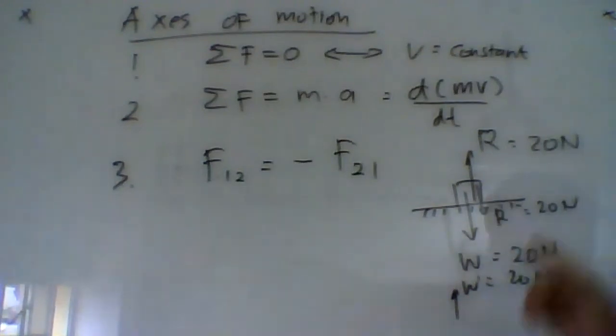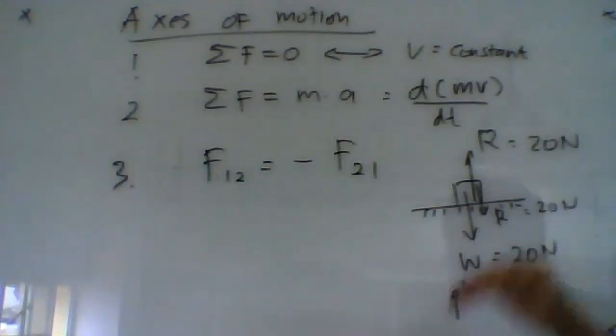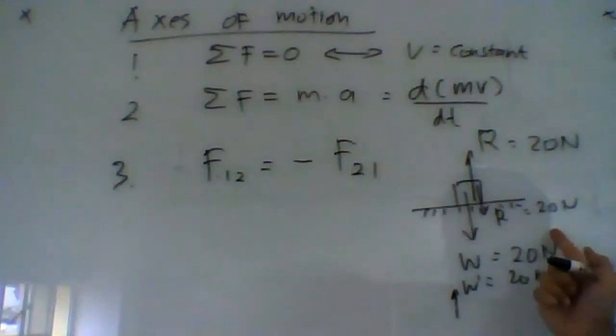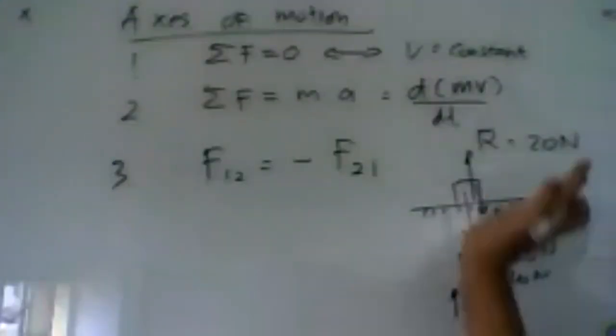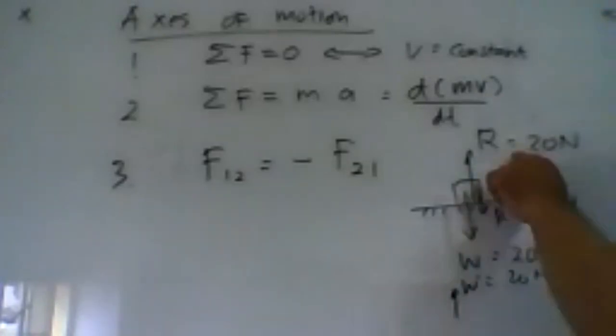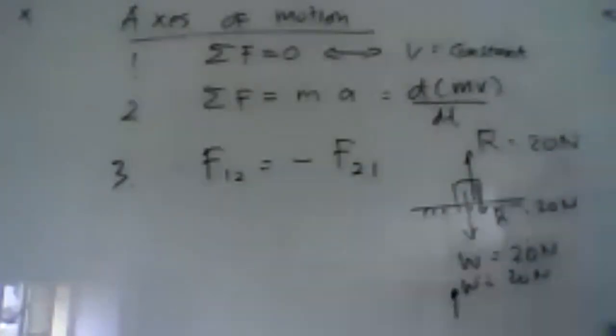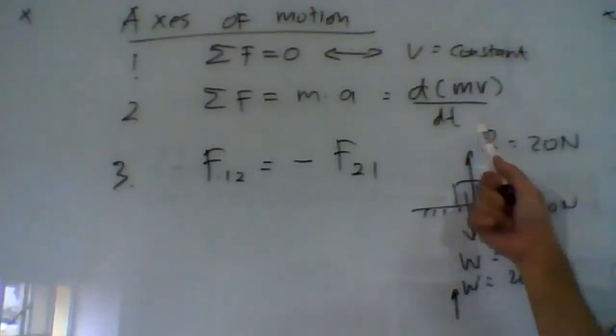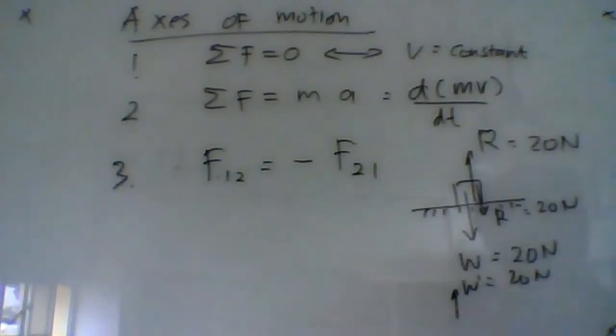If you put an object on a table, of course, the object is pushing the table with 20 Newton, for example. And because of this, the table pushes back on the object with 20 Newton. Now this and that are the action and reaction couple, but not weight and the normal contact force.